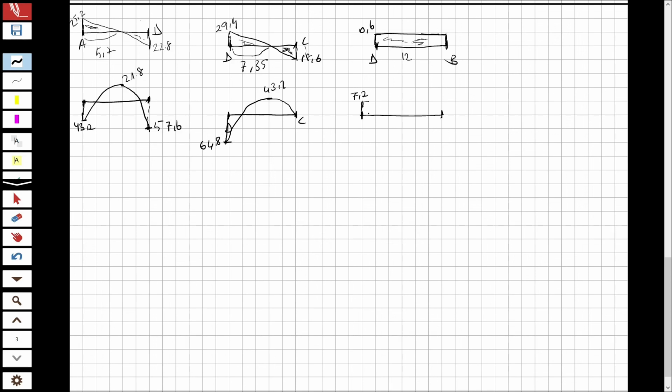So I'm going to decrease as a triangle, 0.6 times 12, that will be 7.2. Sorry, I'm going to draw it as linear because it has to be linear. So I draw it and come to 0 because B is pin and C is roller, so there is no moment at these supports.